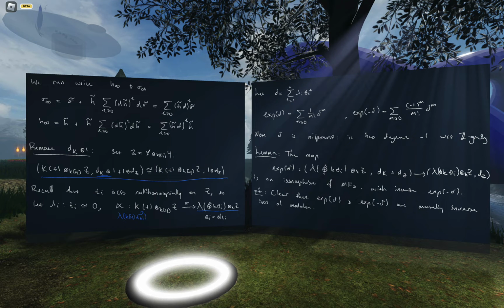So really the only thing that we need to do is to show that they commute with the differentials on both sides. So let's go ahead and do that.